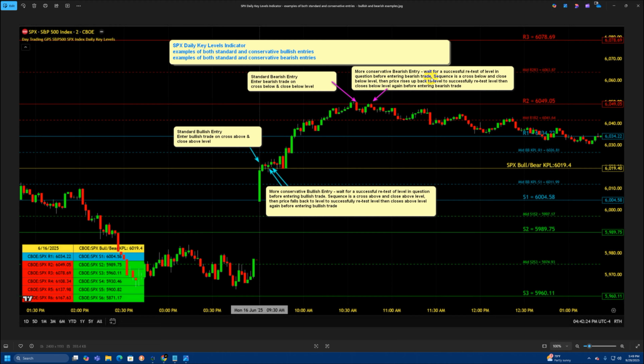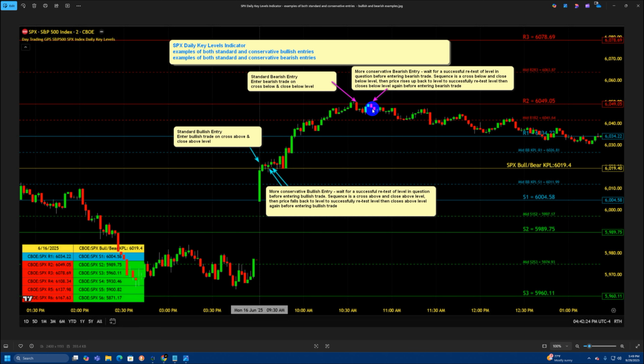Now, looking at the more conservative bearish entry, it's just like the bullish one that we did, except in reverse. We're waiting for a successful retest of this level before entering the bearish trade. So in this sequence, it's basically the reverse of this sequence down here for the bullish entry. In this sequence, we have a cross below, close below candle. Then price rises back up to test the level in question and then closes below that level again.